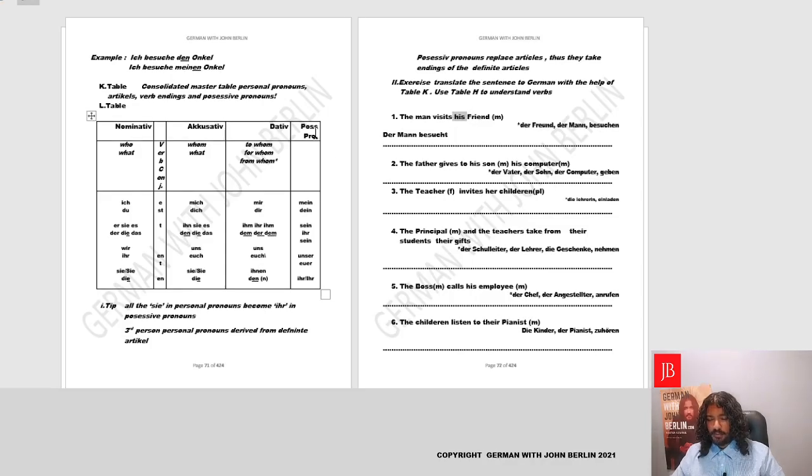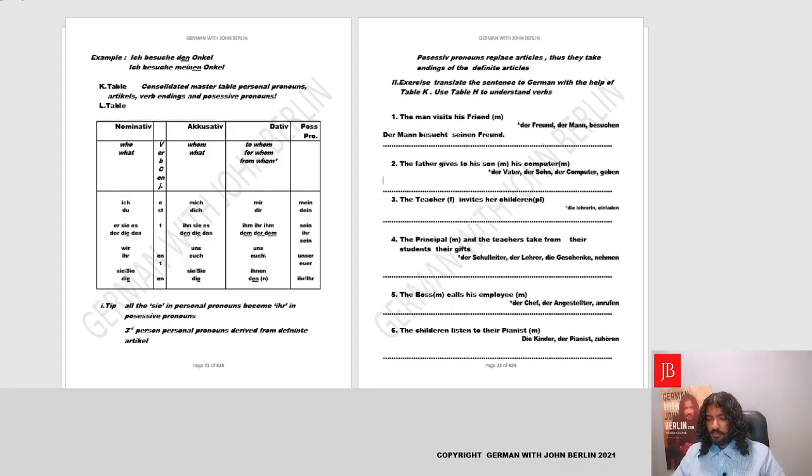So I'll go to possessive pronouns. I'll find out his, mein, dein, sein, ihr. Perfect. Sein. So I'll use sein, and I'll give it the endings of den. That is seinen Freund. Perfect. Der Mann besucht seinen Freund.